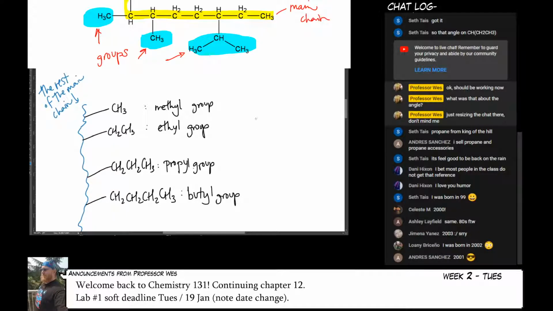Now, if I was going to draw these as pictures, this would look like this. Here's my main chain, and then somewhere off that is a single carbon. Here's my main chain. Somewhere off that are 2 carbons. 1, 2, 3. 1, 2, 3, 4.